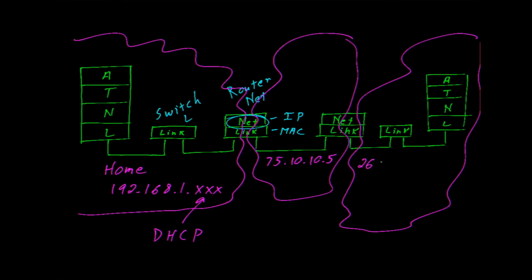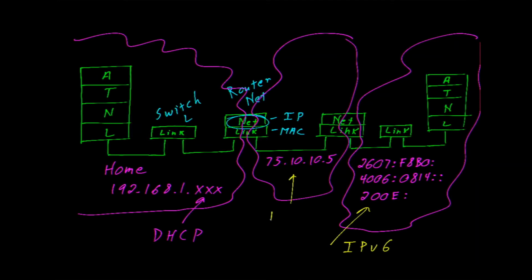For example, 2607:F8B0:4006:814, or better yet, 0814:200E. By the way, this is something new. We'll talk about this in a moment. This is an IPv6 address, not to be confused with the older and shorter Internet Protocol version 4. At any rate, switches are concerned with those MAC addresses, whereas routers are generally concerned with the IP addresses.